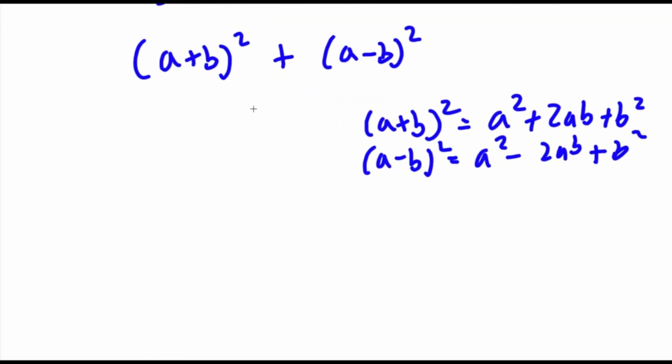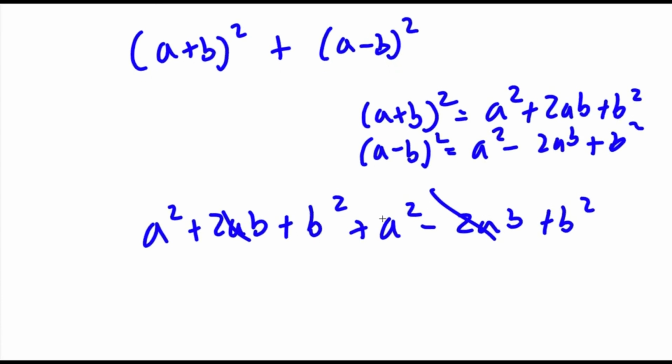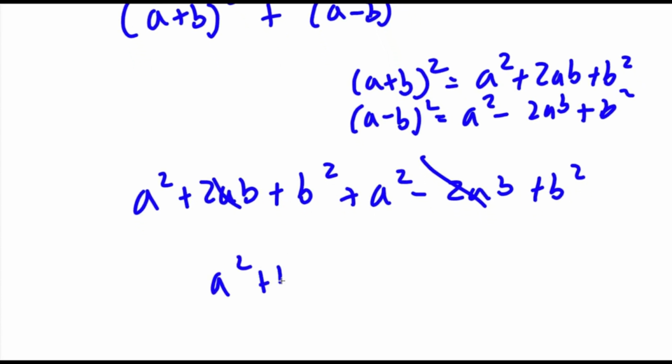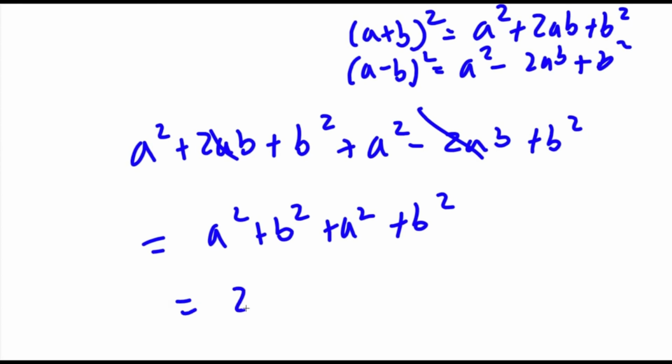So now, if I add these two together, I get a squared plus 2ab plus b squared plus a squared minus 2ab plus b squared. So first off, these two will cancel out, and I'll be left with a squared plus b squared plus a squared plus b squared, which is equal to 2a squared plus 2b squared.